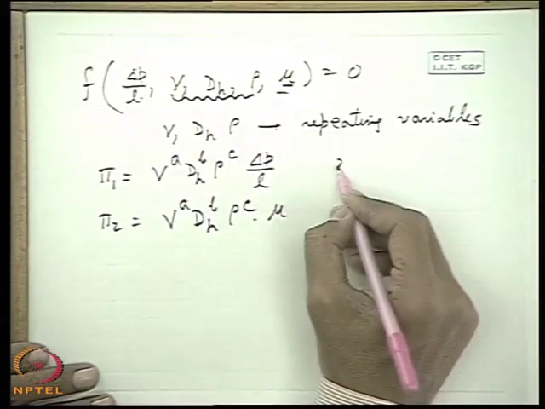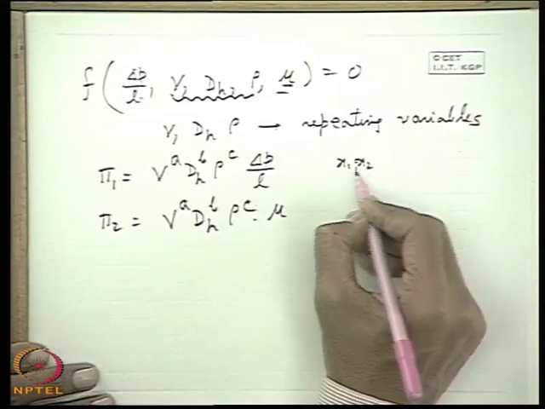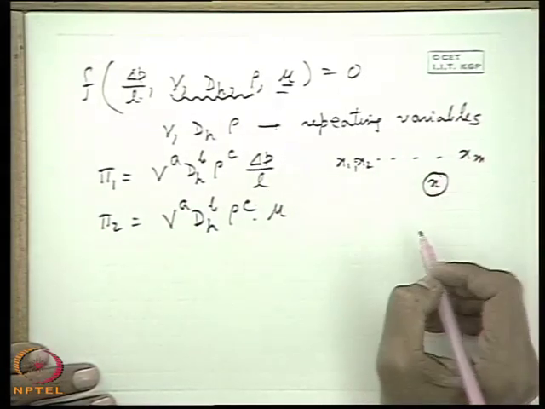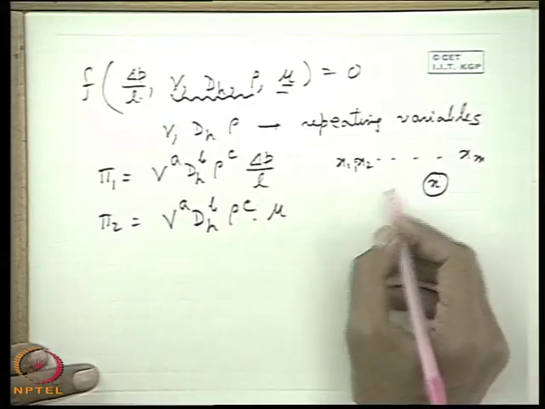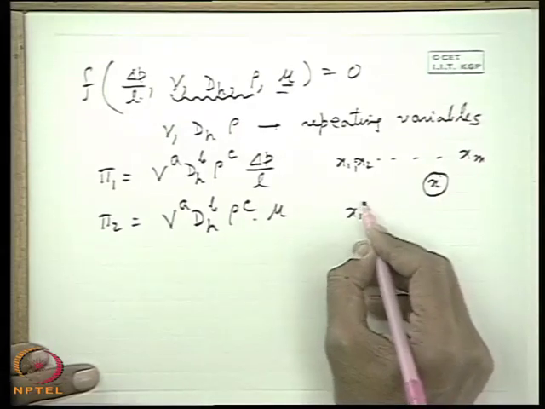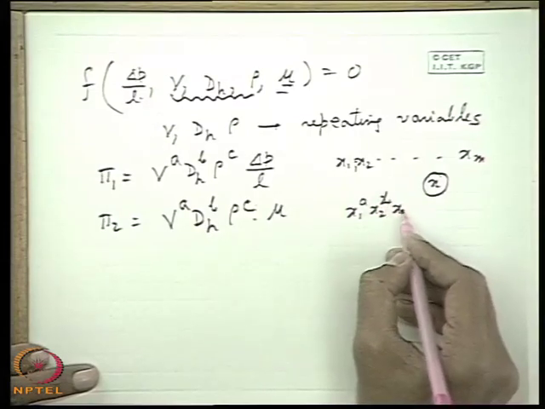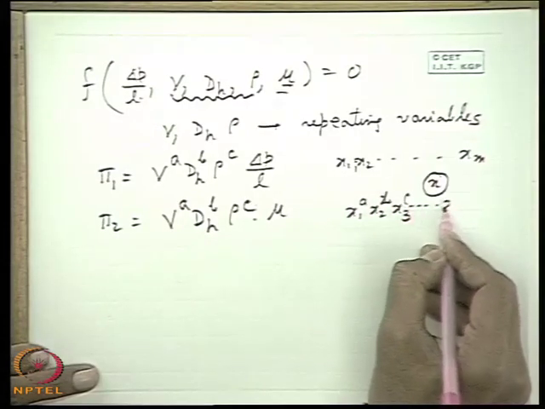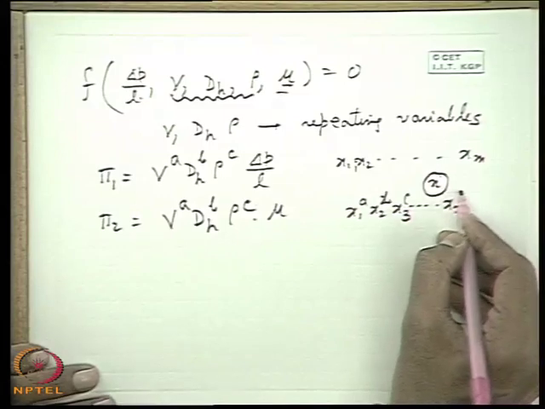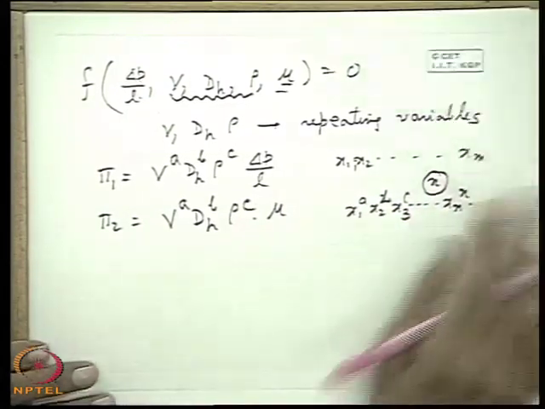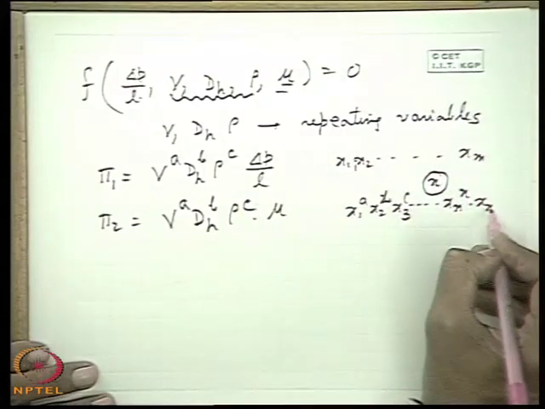That means if there are x1, x2 to xm variables, and if there are n fundamental dimensions, choose n as repeating variables. That means x1 to the power a, x2 to the power b, x3 to the power c, up to xn to the power n, times one of the remaining variables, that means xn plus 1.